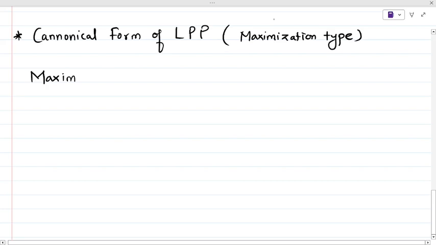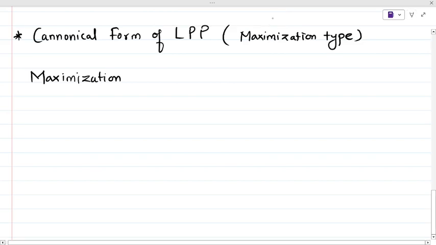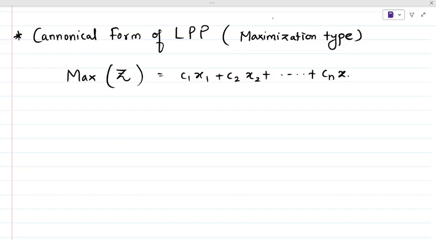So when we do maximization of the objective function, we will write max Z, which is c1 x1 plus c2 x2 and so on up to cn xn.